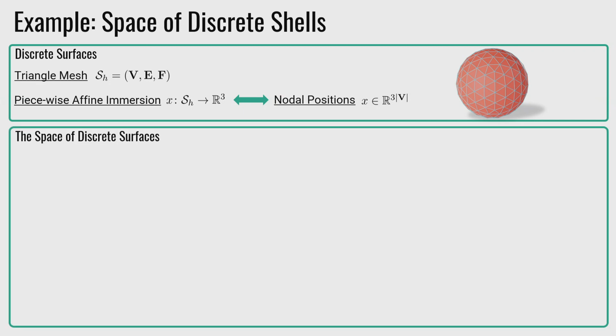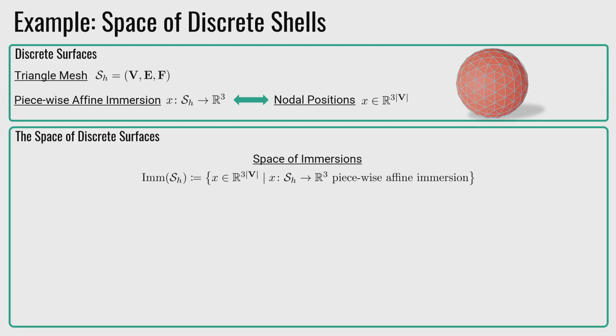And then the space of discrete surfaces, as I said, is at first just the space of all of these immersions that you could have. But actually, life is a bit more complicated, because we talked in the beginning about how if you rotate or translate a shape, so you have rigid body motions, it doesn't change the shape.